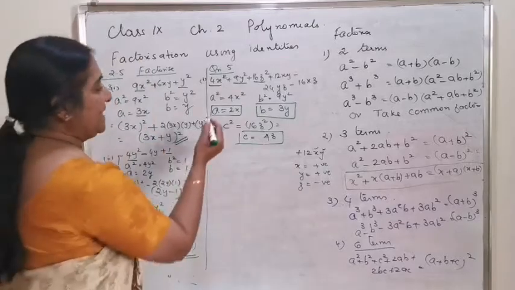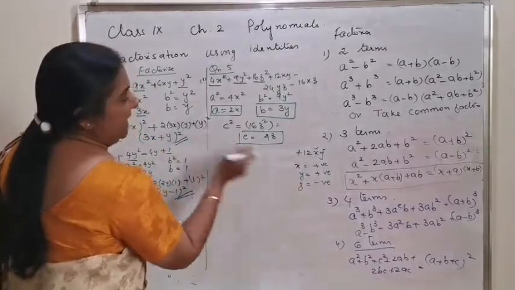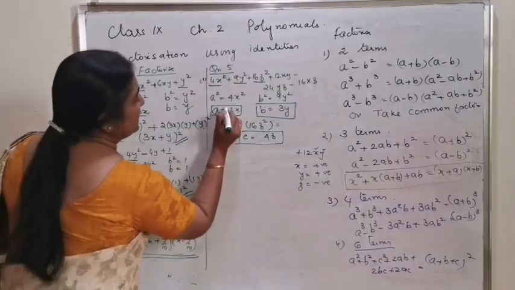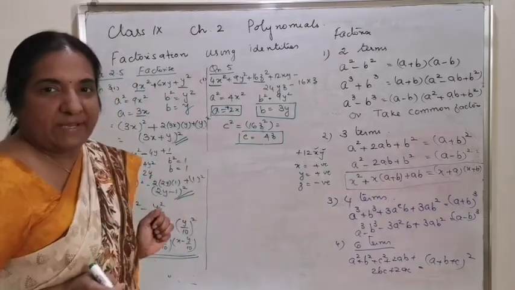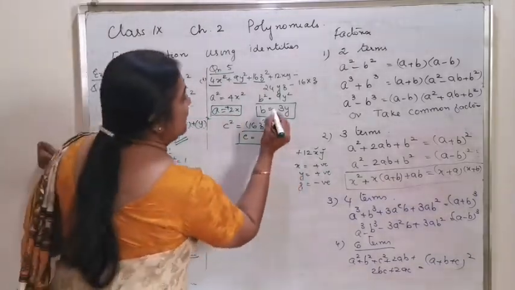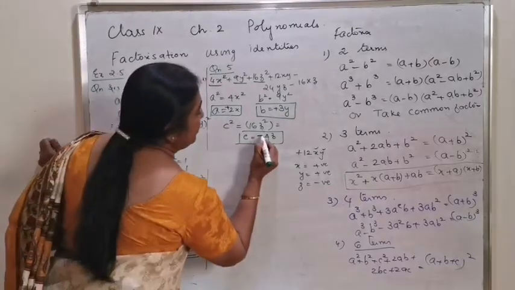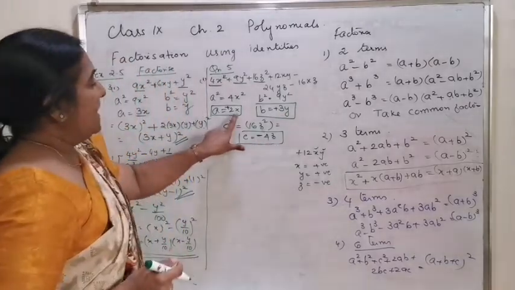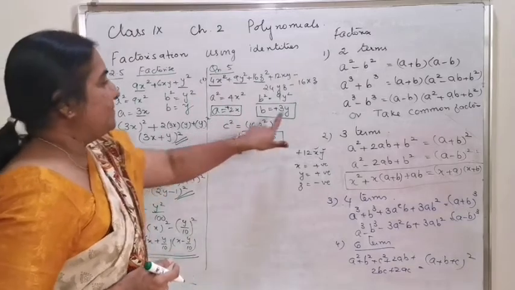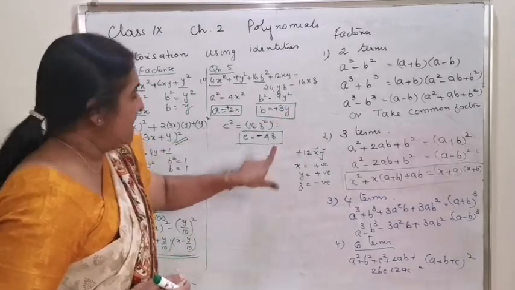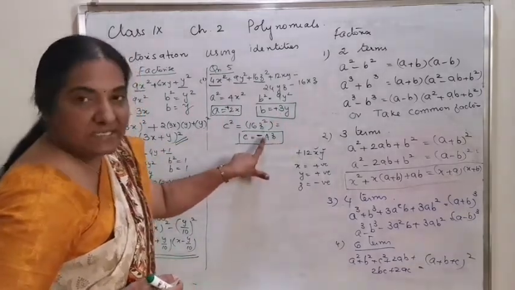Thus, we can give a value. a is positive 2x, b is positive 3y, and c is negative, because the x value comes in a, y value comes in b, and z value comes in c.